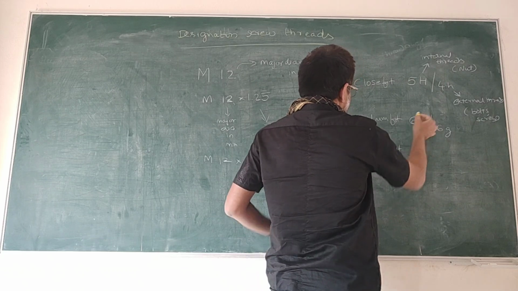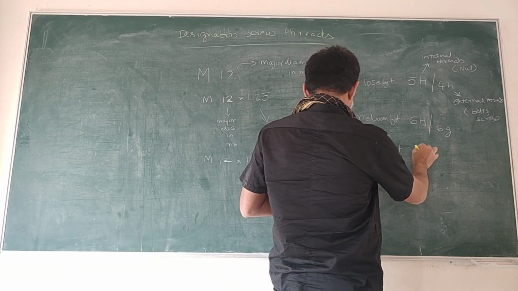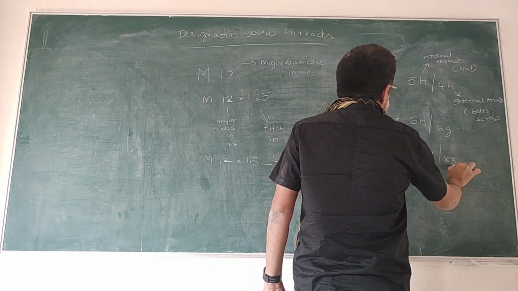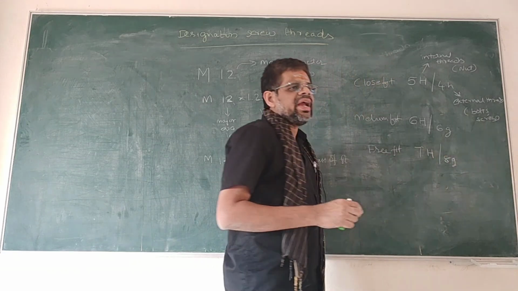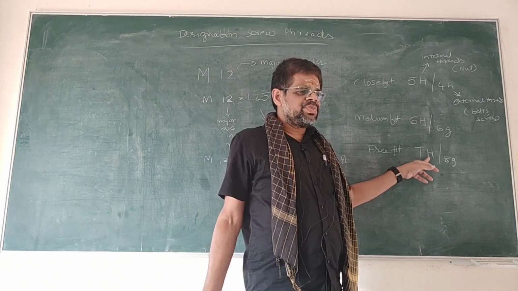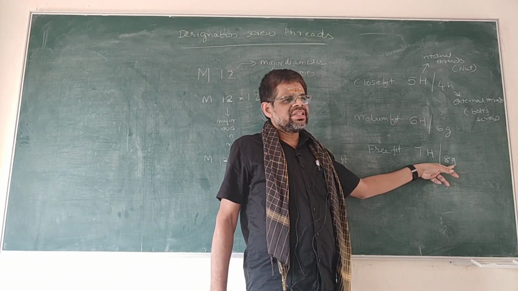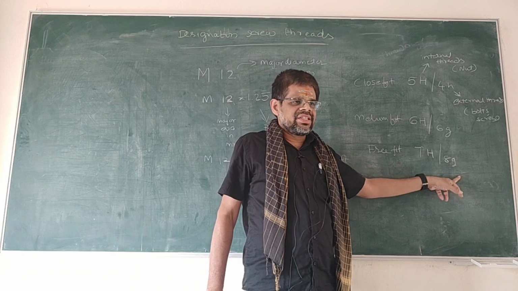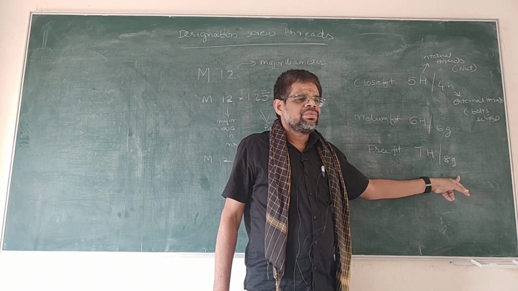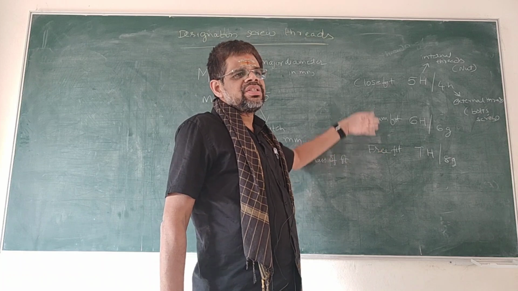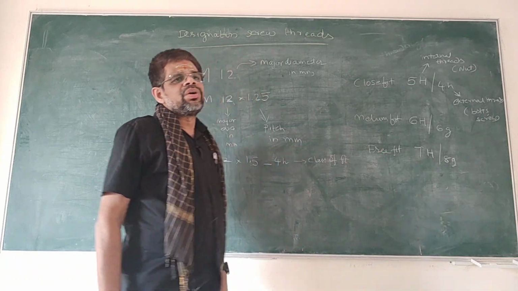These are the standard notations: 7H or 8G. 7H means internal threads, that is for nut. 8G means external threads, that means bolt. So these are the three types of fits which we generally use in bolted joints.